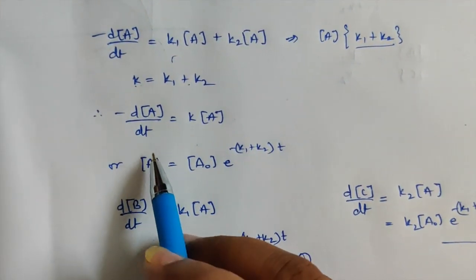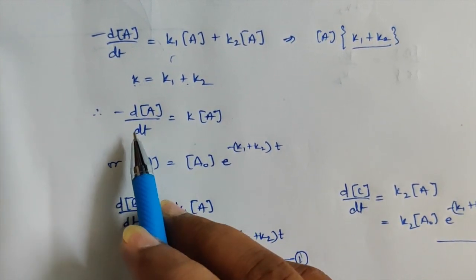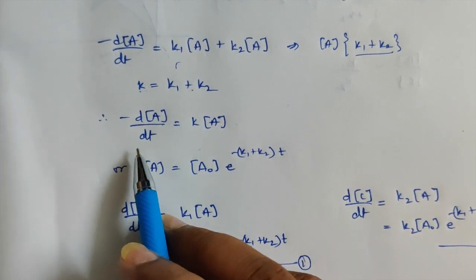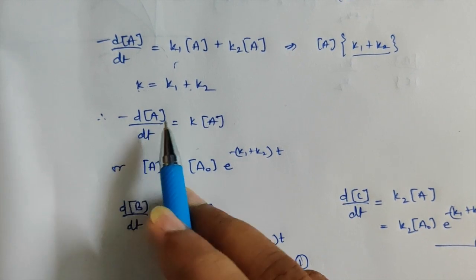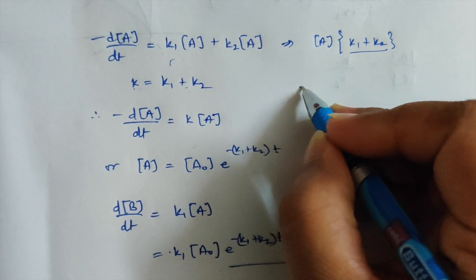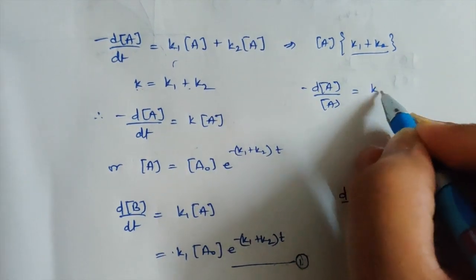Fine. So the next thing is that you can just integrate both sides. Once you integrate, it becomes minus dA by A equals K dt.